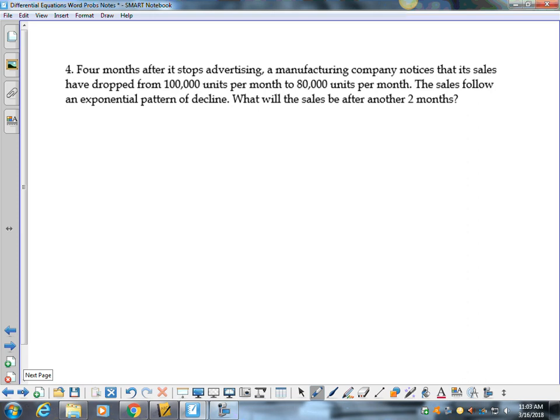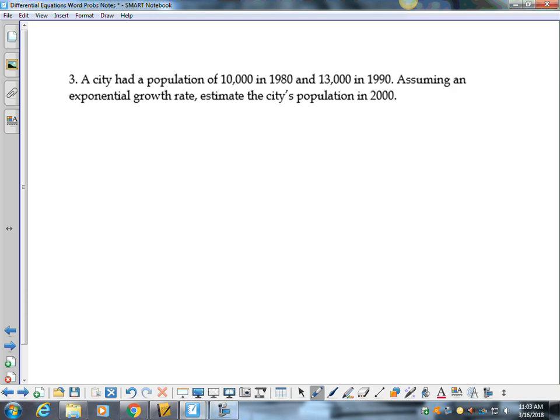Okay, now we got a population. A city had a population of 10,000 in 1980 and 13,000 in 1990. Assuming an exponential growth rate, estimate the city's population in 2000. I have a different, did I miss one? There it is. Okay.